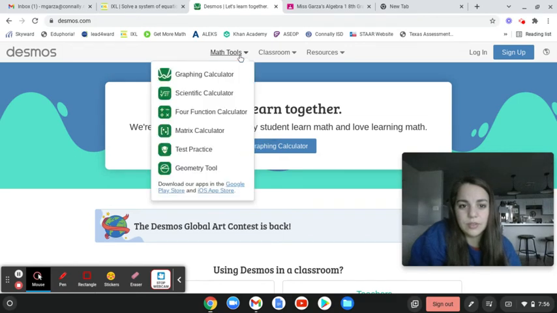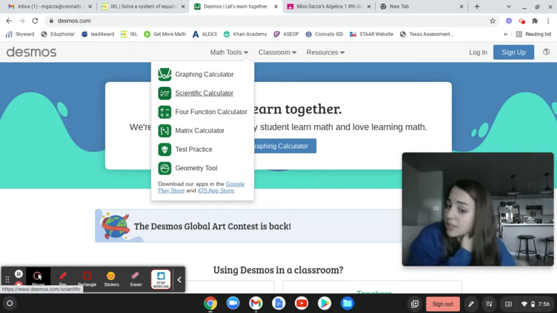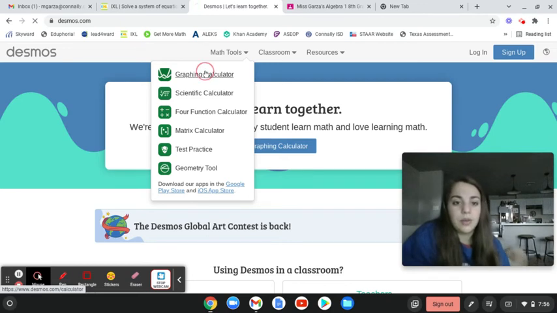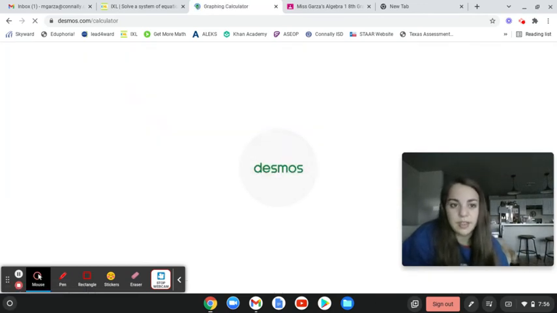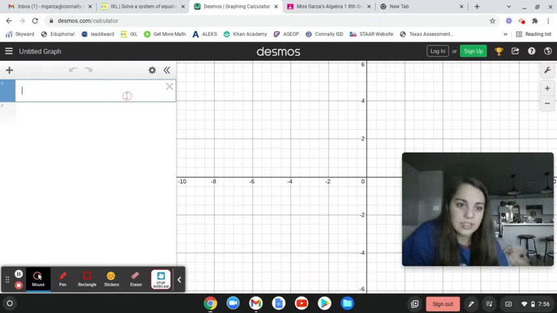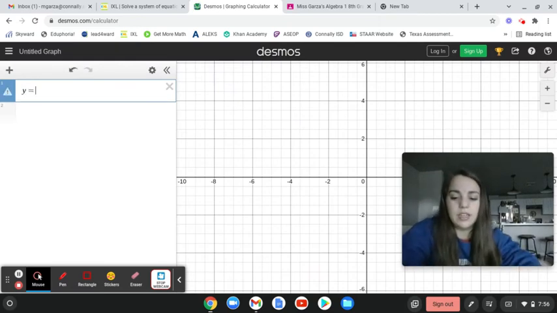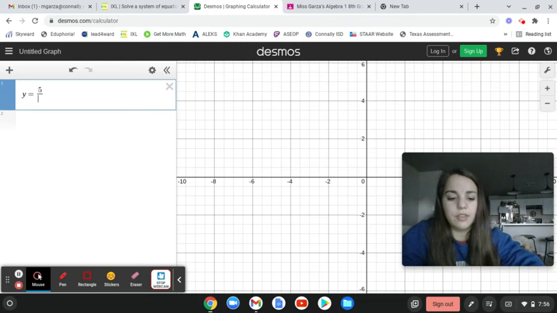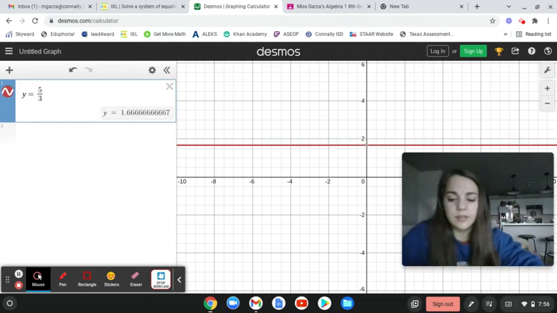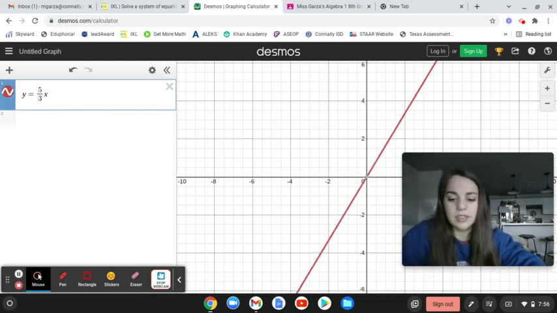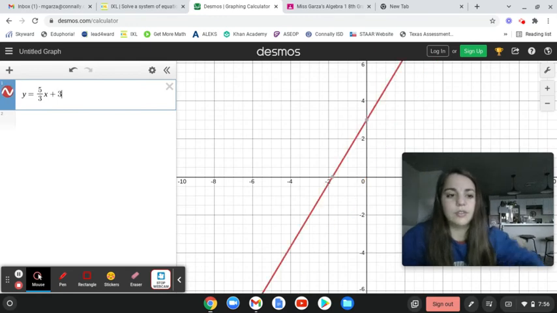You've got math tools. You can do either a graphing calculator or a scientific calculator. Since you don't have a calculator at home, this is what you can use. I would go to the graphing calculator, and you can type in any equation that you want, like y equals 5 over 3 x plus 3.